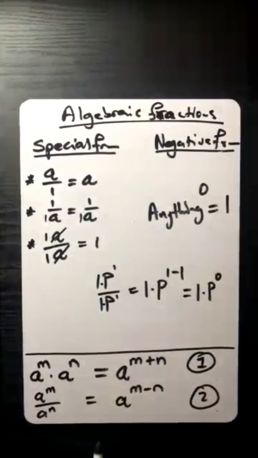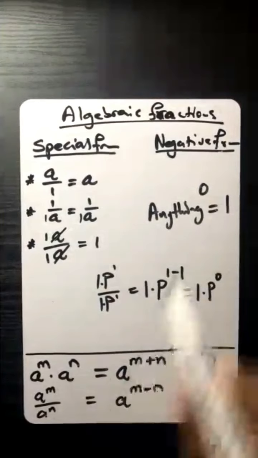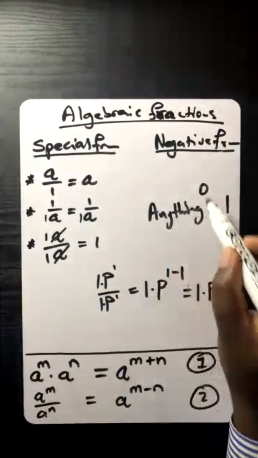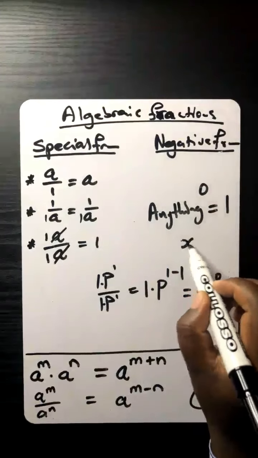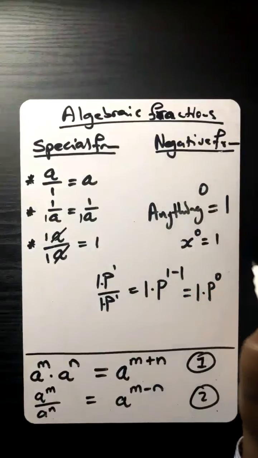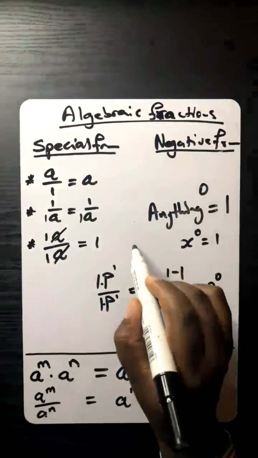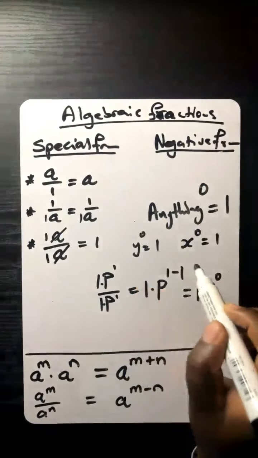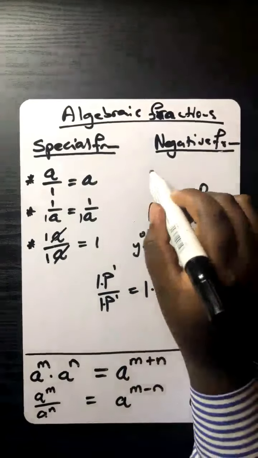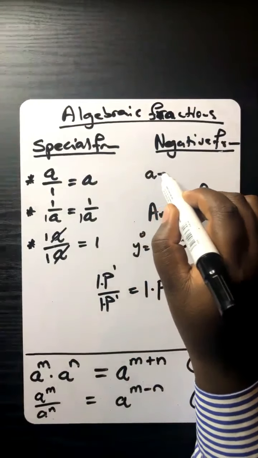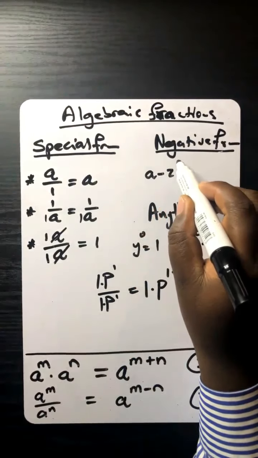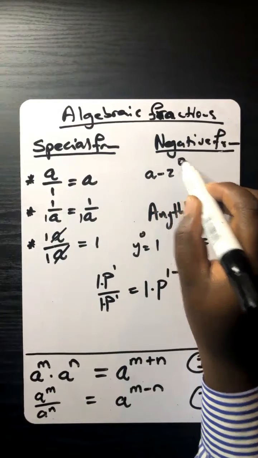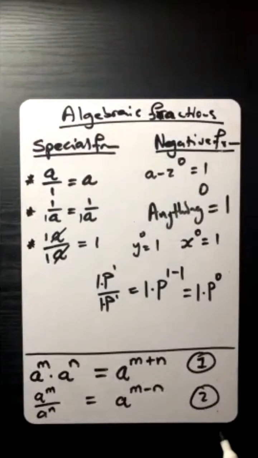Just like you did with anything divided by 1, it's that anything. So when I say anything to the power 0, that means x to the power 0 is equals to 1. Y to the exponent 0 is equals to 1, which means any letter from A up to Z to the power 0 is equals to 1.